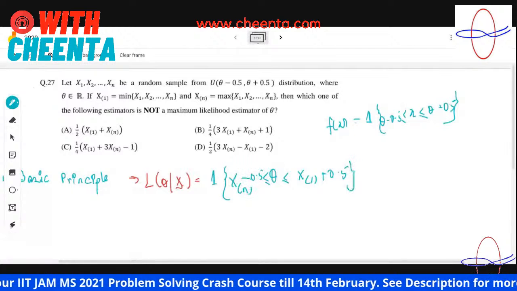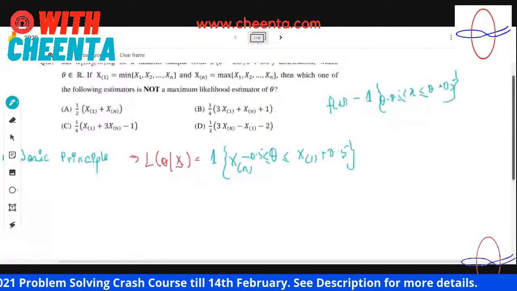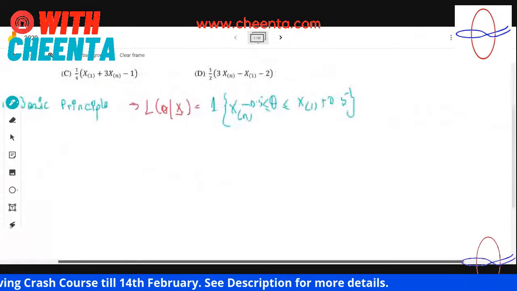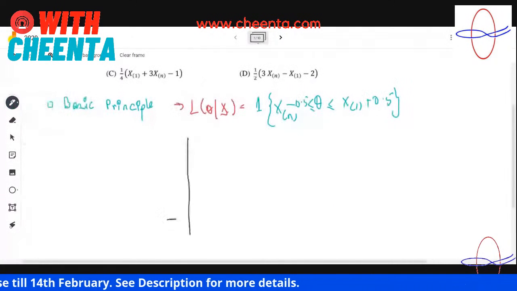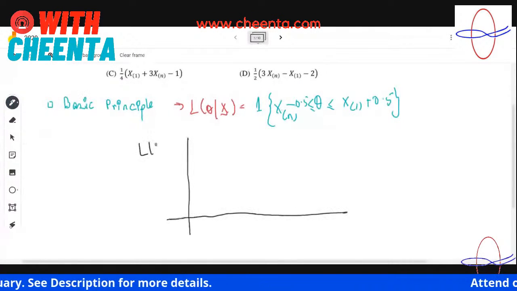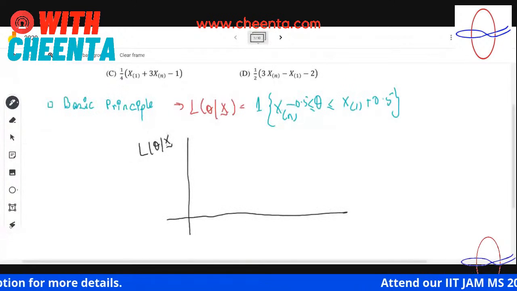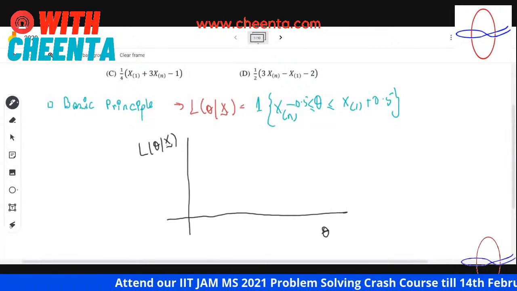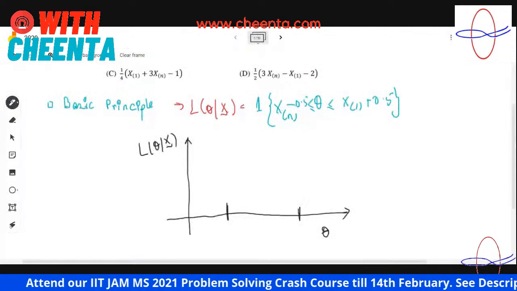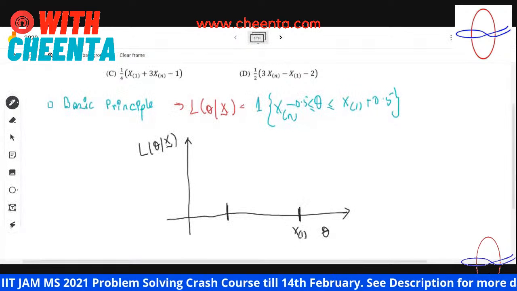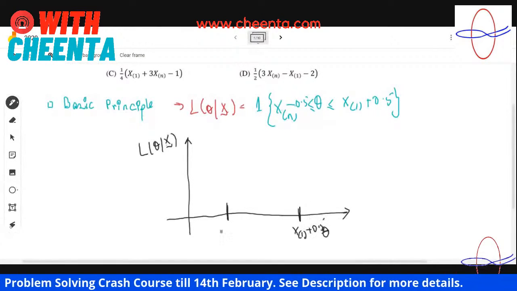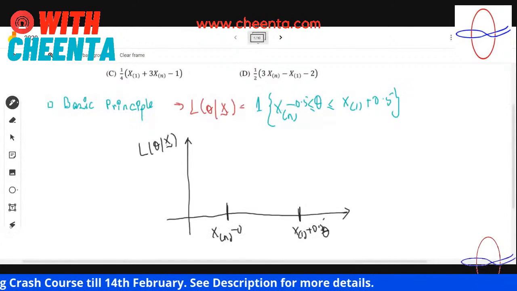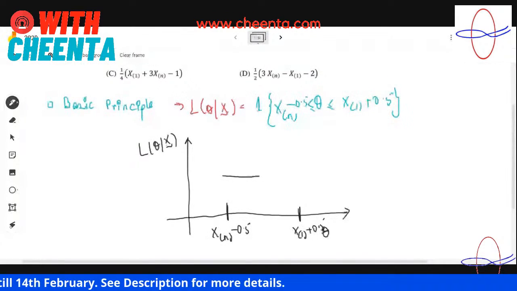So you have to draw the diagram now. If you draw the diagram, how will it look? L of theta comma x is a function of theta. The likelihood will look like 1 between two numbers, xn minus 0.5 and x1 plus 0.5, and it is 1 over here.